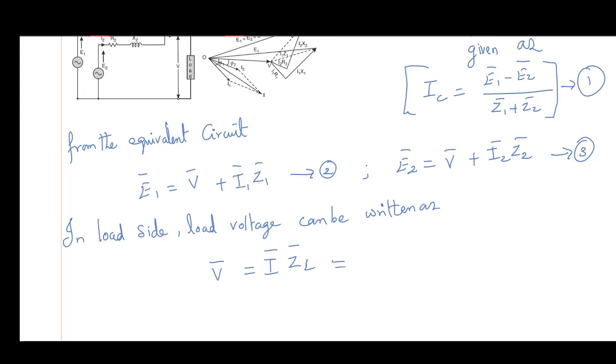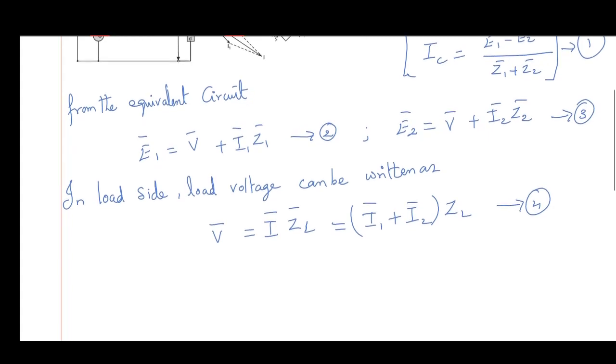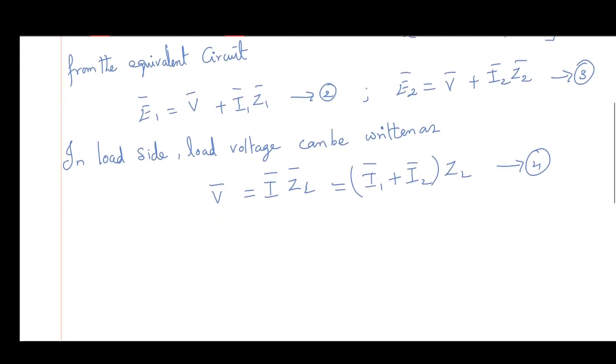This I vector can be written as the total current I1 vector plus I2 vector into ZL vector. Take this as equation number 4. Now substitute V vector as (I1 plus I2) ZL from equation 4 in equation number 2.